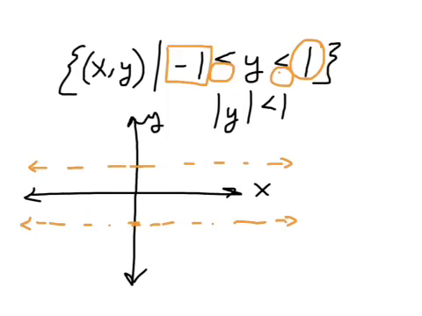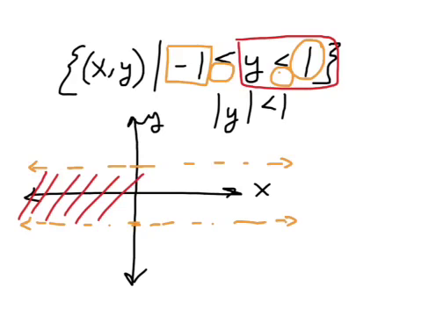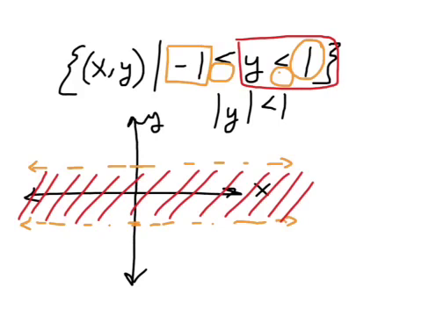Now, as far as shading it goes, I'm going to focus on this side of it right here. That side of it says y is less than 1. Well, 1 was on top, so less than 1 means everything down below. But on the other side, it says greater than -1. So it's everything in between.